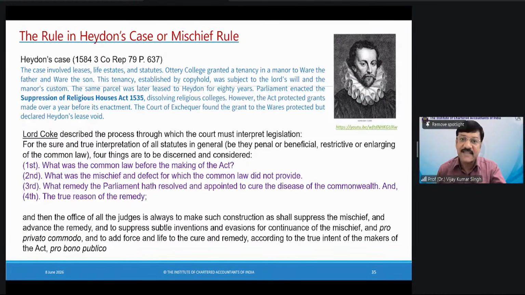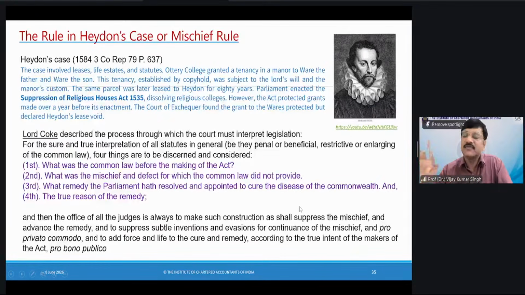If the problem is as it is, then there is no point, right? The problem has to be solved. So the office of judges is always to make such construction as shall suppress the mischief and advance the remedy. That is the idea, and to suppress subtle inventions and evasions for continuation of the mischief, and pro privato commodo. So this is the rule of mischief.